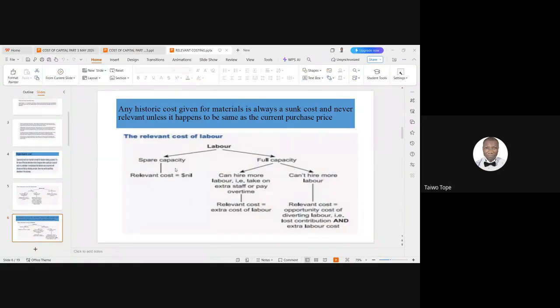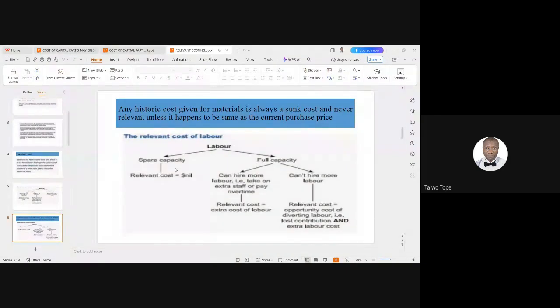You are paying them a monthly salary. So based on that fact, they are idle and we need them. There is no cost we incur on them because they are already on fixed pay, on a fixed salary. Fixed salary is a committed cost, and committed cost is a past cost. Committed cost is a form of sunk cost because you've already agreed based on the letter of appointment: this is how we're going to be paying you.